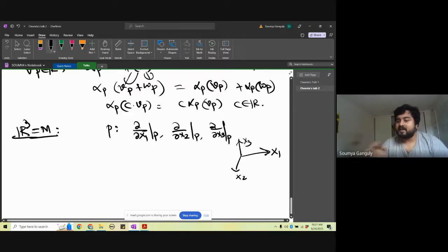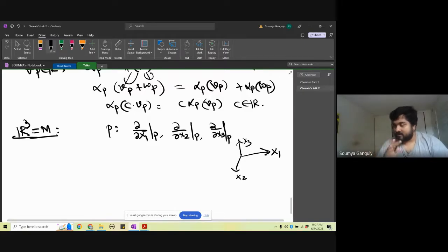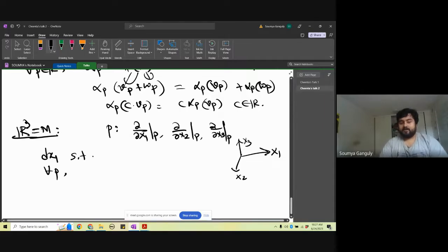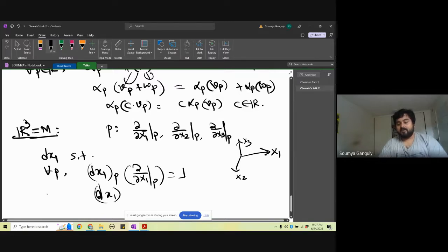The three directions are now denoted by three derivatives, nothing else. Now, the question is, how do you define a differential form? Well, I can define a differential form called dx1 such that for all points P, dx1 at P acts on del x1 at P and gives you 1. dx1 at P acts on del x2 at P and gives you 0.